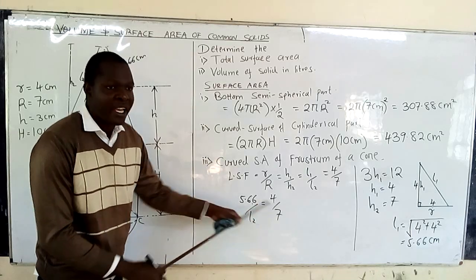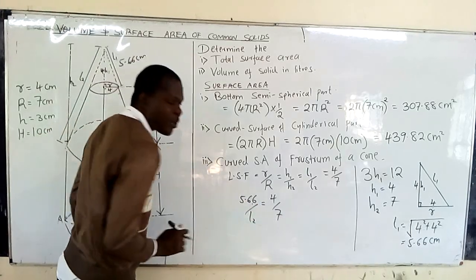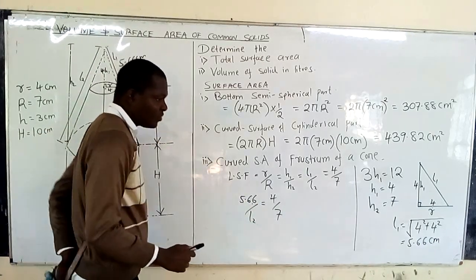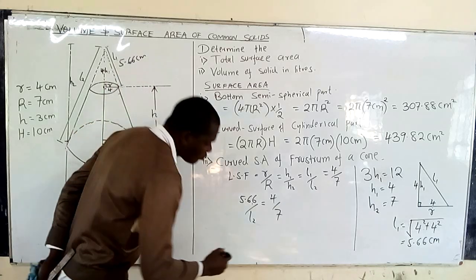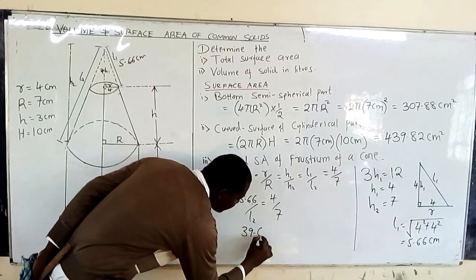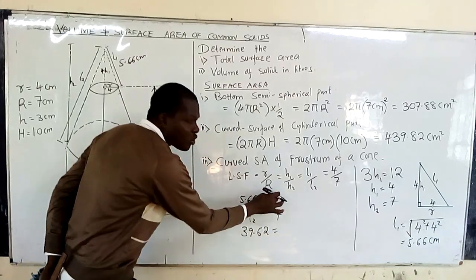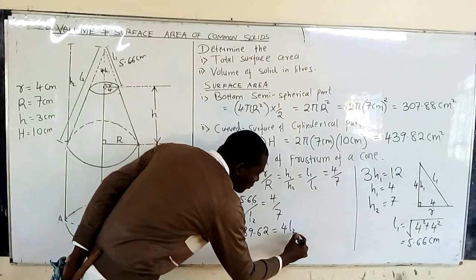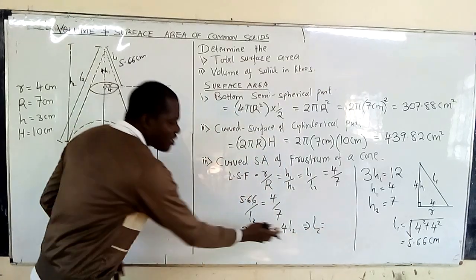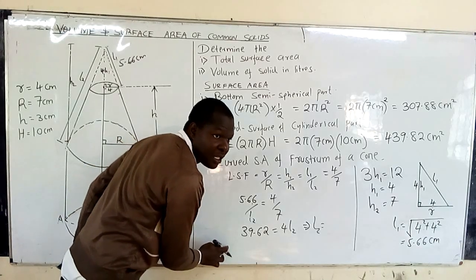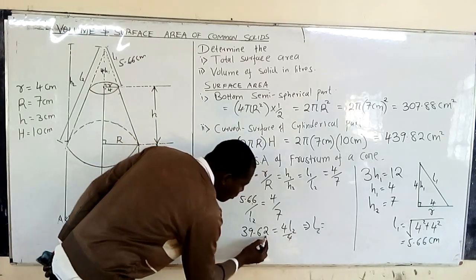You cross multiply. 7 times 5.66 is 39.62, equals L2 times 4. So that is implying what is L2? You divide both sides by 4. Yes. If you divide both sides by 4, what is L2?